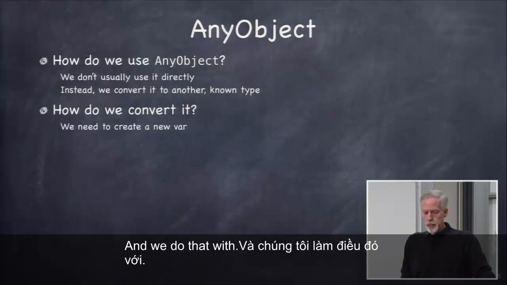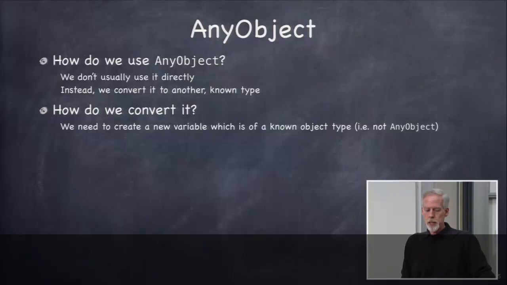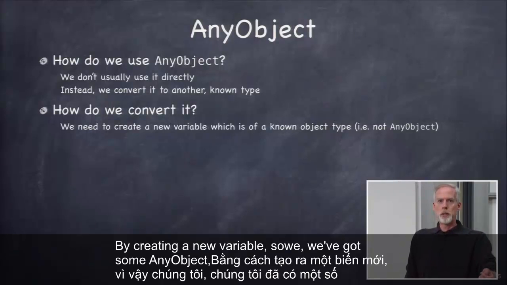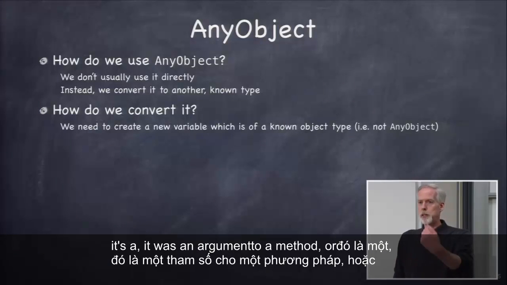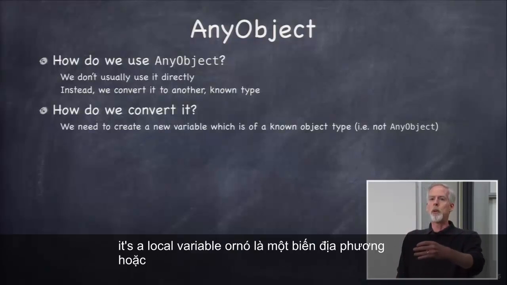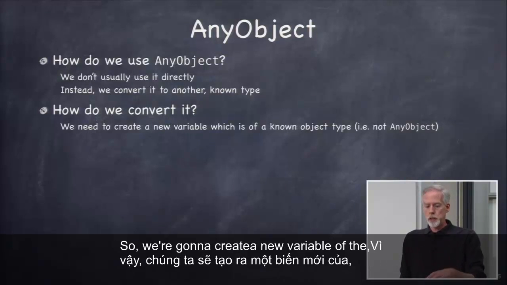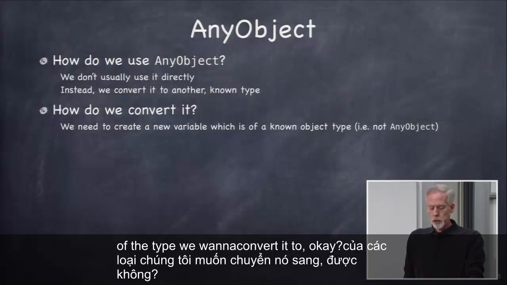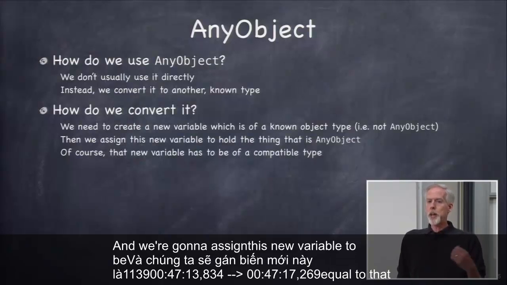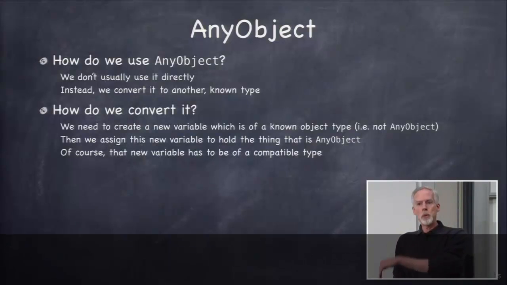And we do that by creating a new variable. So we've got some any object. It was an argument to a method, or it's a local variable, or something like that, and we want to convert it. So we're going to create a new variable of the type we want to convert it to, and we're going to assign this new variable to be equal to that any object thing converted.